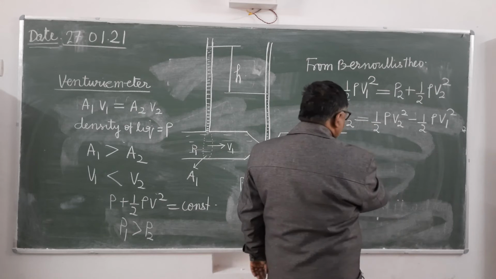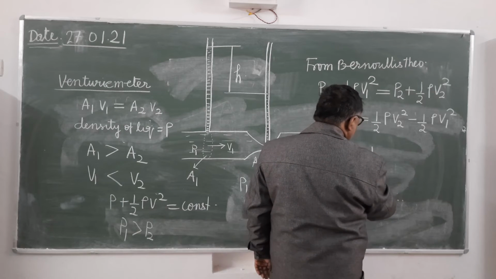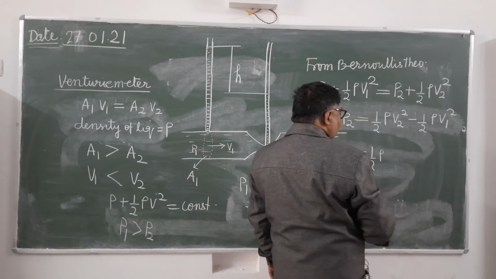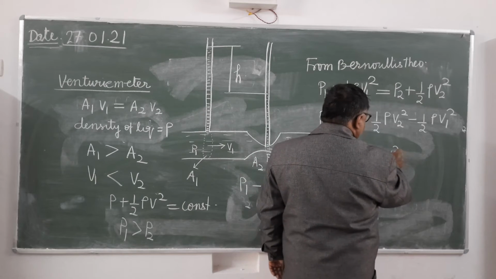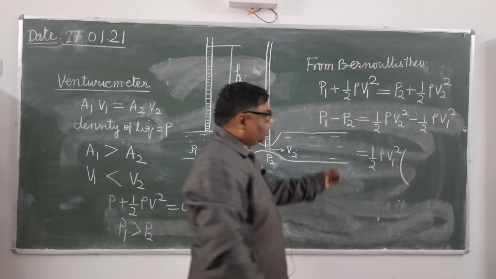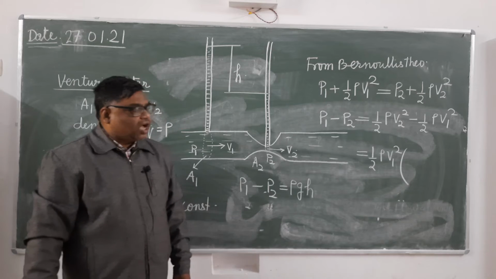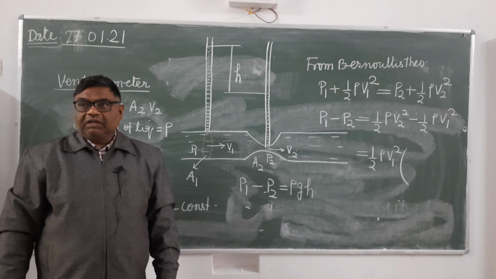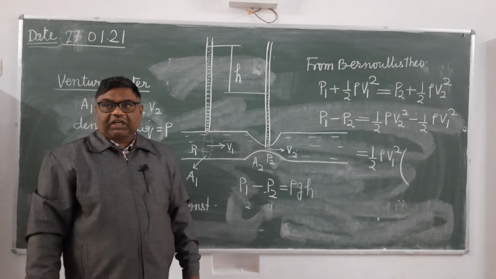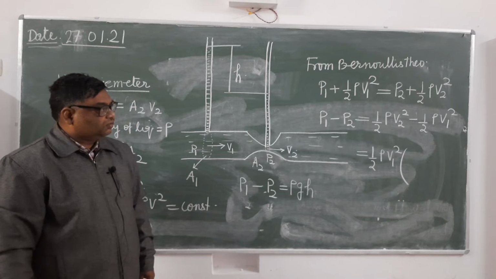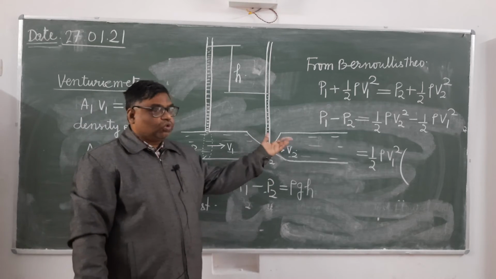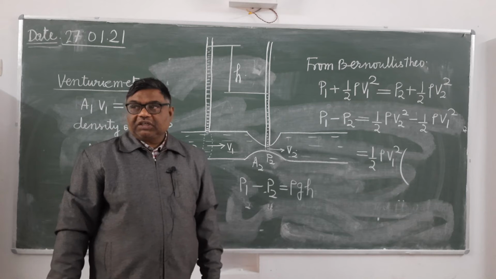You take out 1 upon 2 rho common. When you take out 1 upon 2 rho V1 square common, see here, on the right hand side we have taken half rho V1 square common. So what will you get inside the bracket? 1 upon 2 rho is common, present in both.